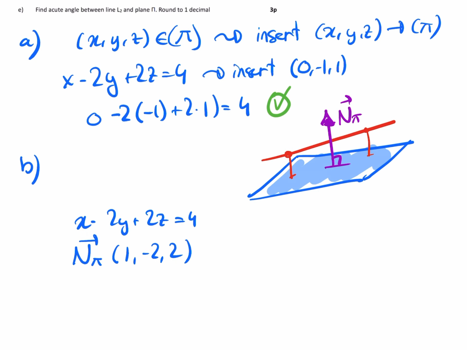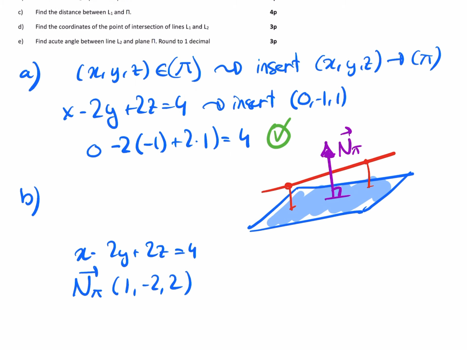That is the purple vector, and we need to make sure that the red line is parallel to the plane. If the red line here is parallel to this plane, that means that the normal vector has to be perpendicular to the direction of the line.